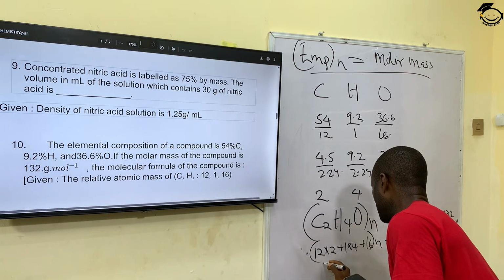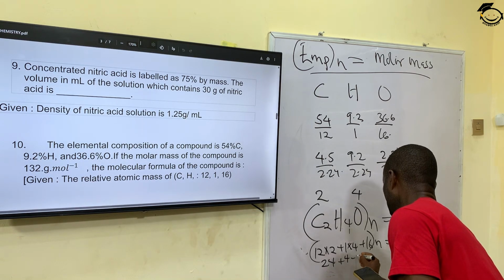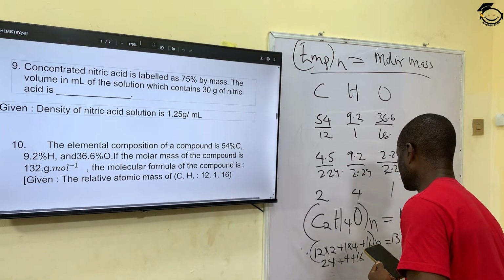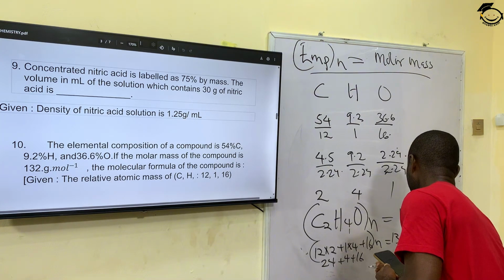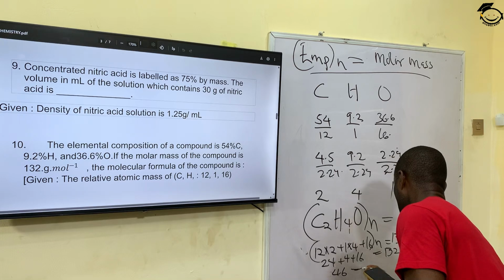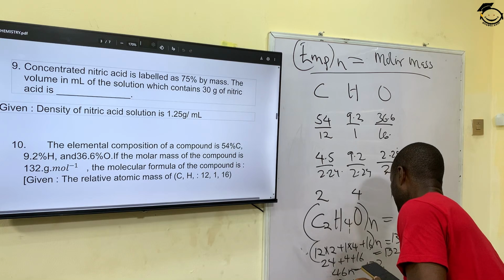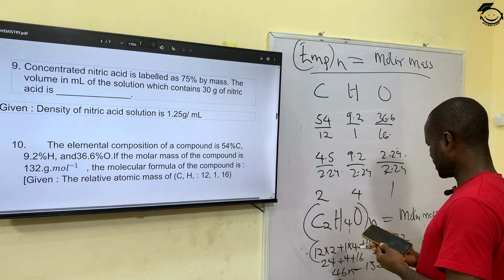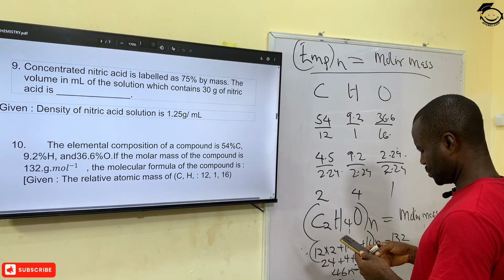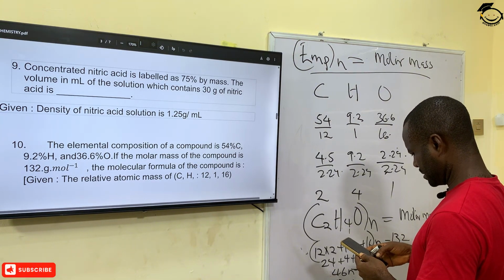In this case, this gives you 24 plus 4 plus 16, that's 44. So 44 N equals 132. Therefore N will give you 132 divided by 44.